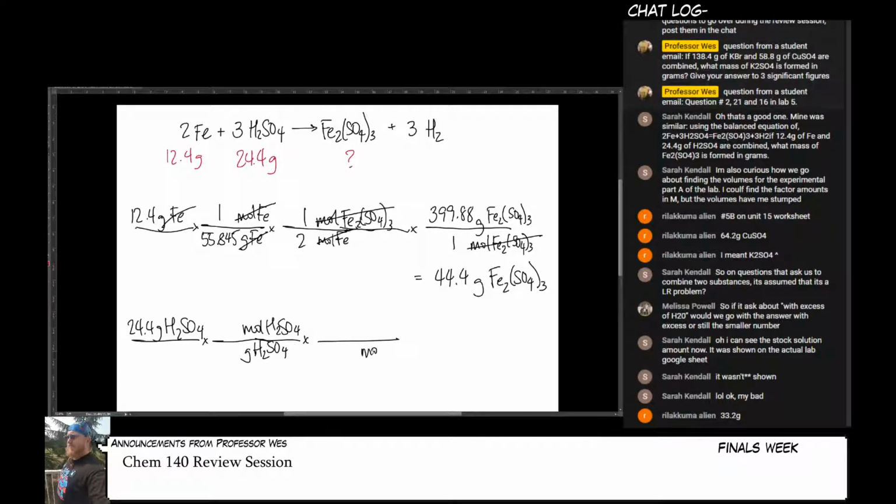And then we'll turn that from moles into moles of iron 3 sulfate. Which will then turn into grams of Fe2(SO4)3, just like before.